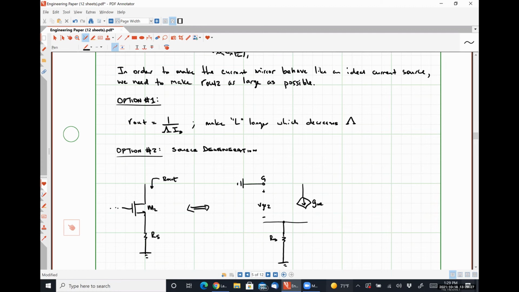Then we're going to have gm2 VGS2, and here we're going to have R out 2. And I want to figure out what this output resistance, capital R out, is.